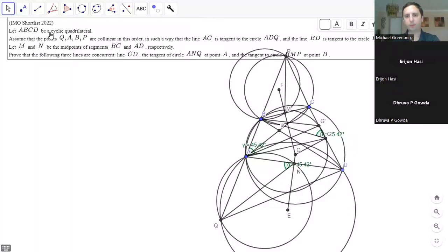And then from there we use the tangent, yes, we say it's equal to AQD, which is AQD. Okay, so BCD is QAD. I'm just writing it down.